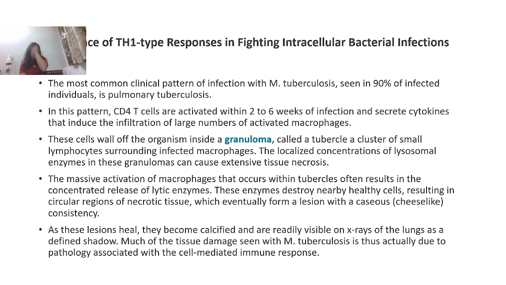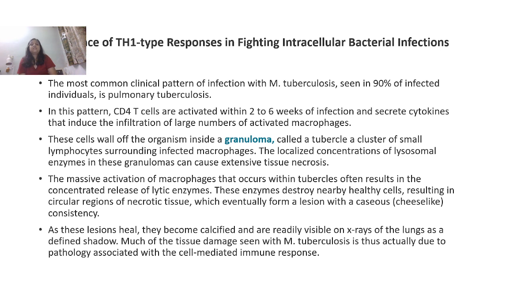Tuberculosis is mostly seen in immunocompromised people, especially in people having AIDS or HIV. They are more susceptible to this infection, and there is a chance of pulmonary tuberculosis.